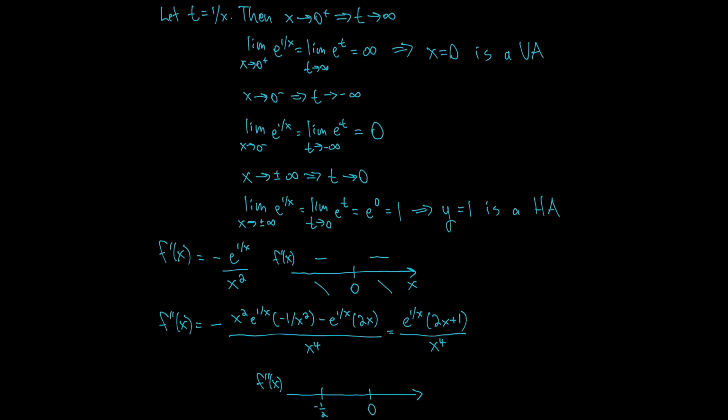To the left of minus 1/2, well, remember, these guys are always positive, so to the left of minus 1/2 this thing's negative. So everything's negative. And then once you go past minus 1/2, everything becomes positive and stays positive. So we're concave down, then concave up, and then concave up some more. So we do have one inflection point at minus 1/2. You plug that into the original function, you get e to the minus 2. So even though we have no maximum or minimum values, we do have asymptotes and an inflection point.